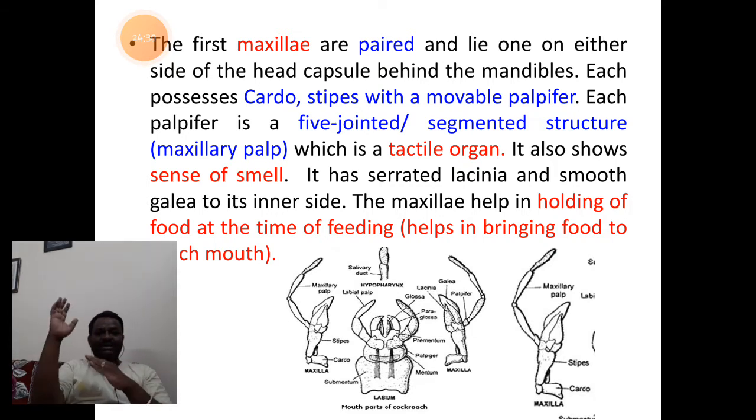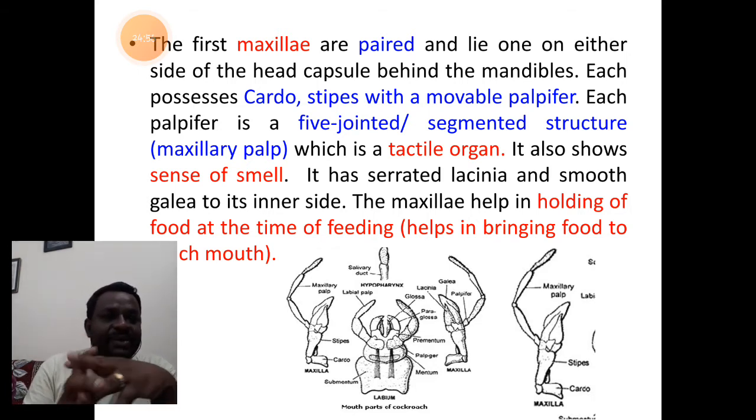Now, the stipes towards its free end consists of 2 bifurcations. One is called the serrated lacinia, the other one is the smooth galea. So galea is present towards the inner side, lacinia is present towards the outer side.